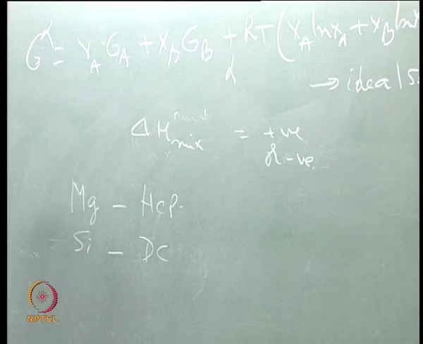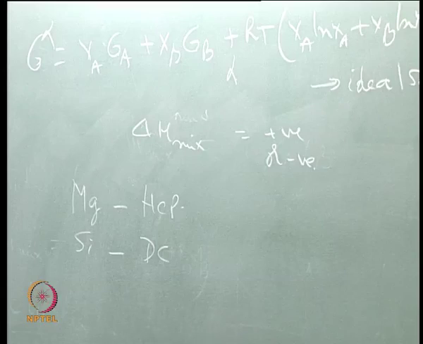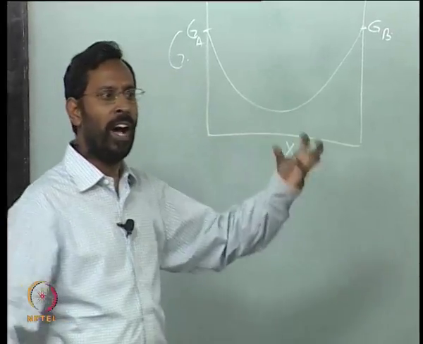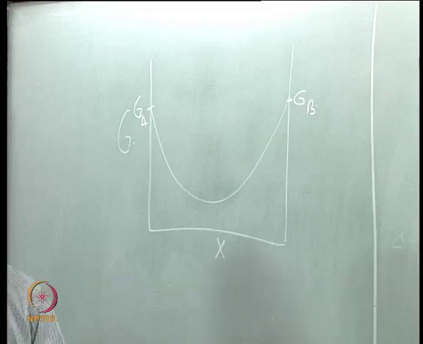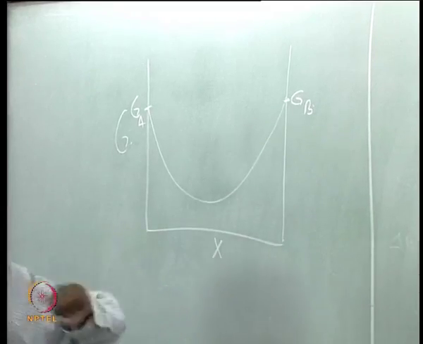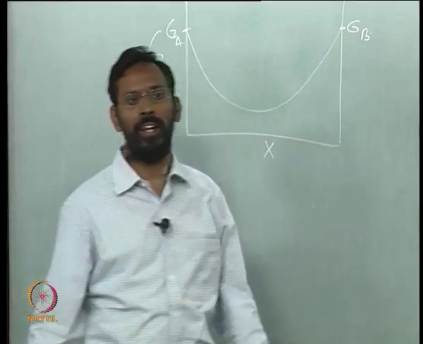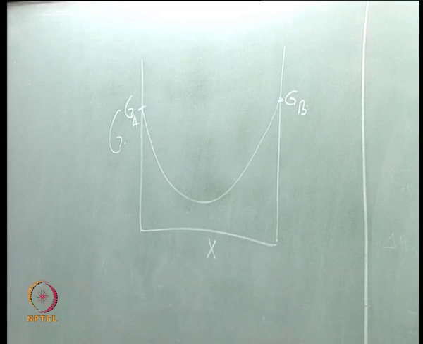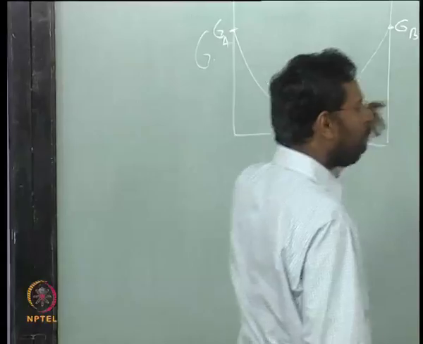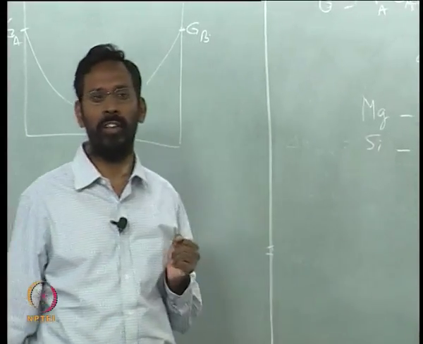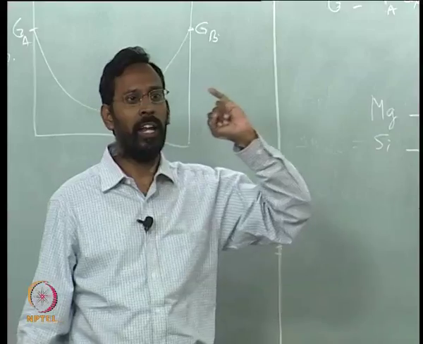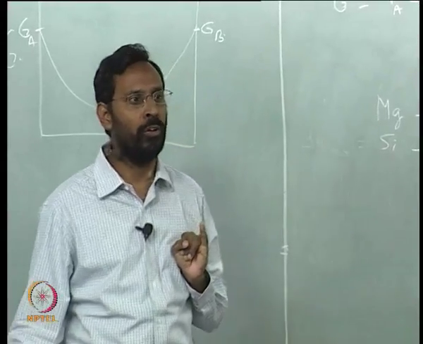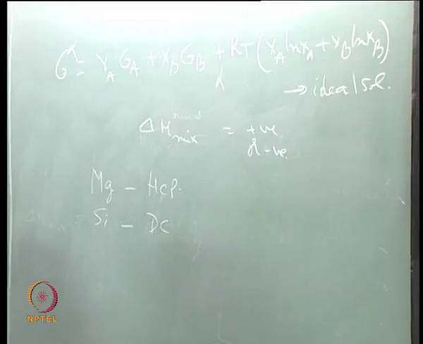Now, because these two are different, when I am talking about a solid solution, for example, I want to do the thermodynamics of this system. So, I am drawing a free energy curve now. What is this free energy curve for? In this particular phase diagram, what are all the possible phases? One is a magnesium based solid solution where silicon dissolves into magnesium.